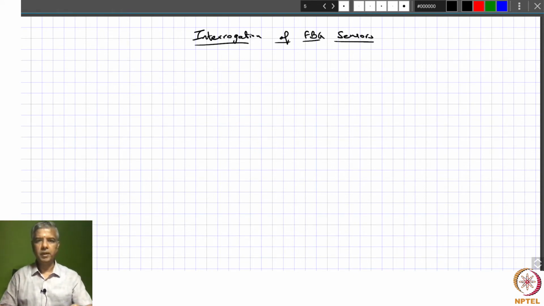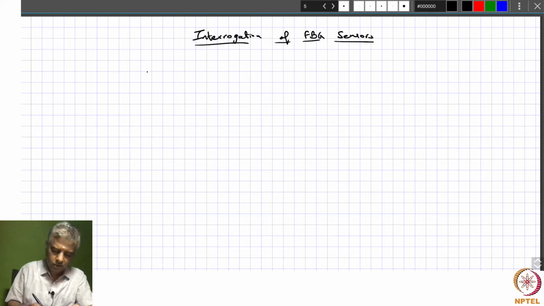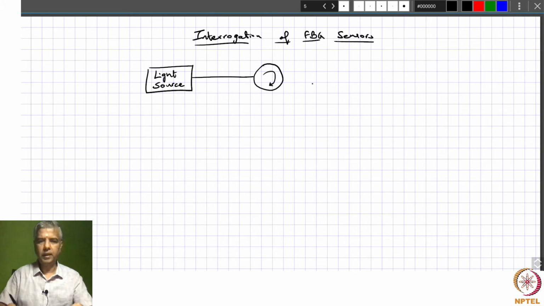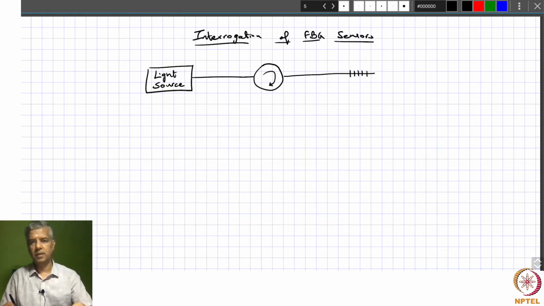So when we talk about interrogation of fiber Bragg grating sensors, typically it consists of a light source. So you start with an optical source, and that is connected to typically a circulator, and then through the circulator we connect it to the fiber Bragg grating sensor that we want to interrogate.